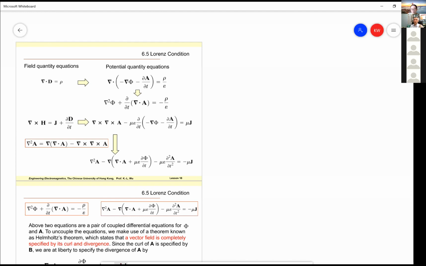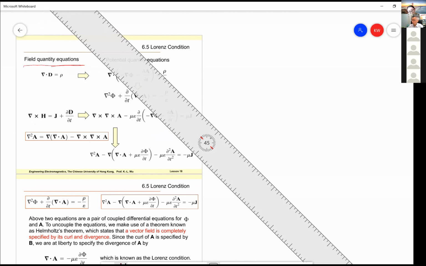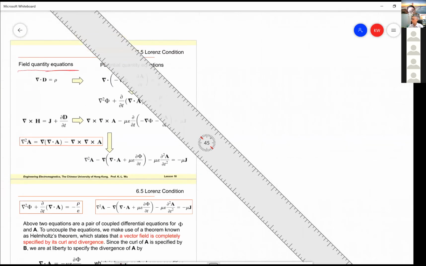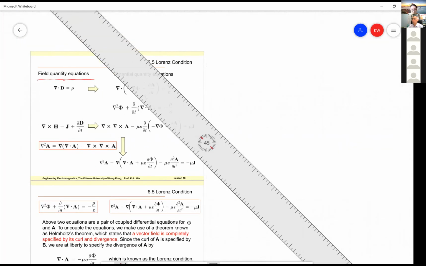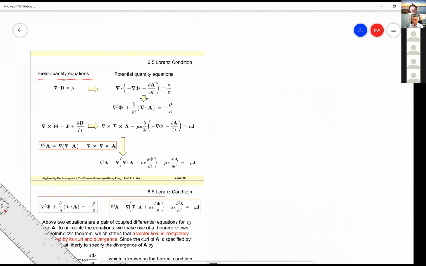now we have a field quantity. Then we have the divergence equation for the electric field.